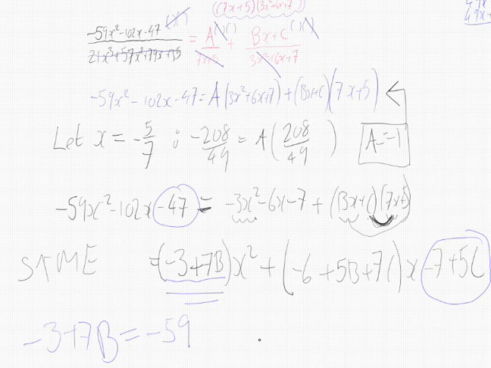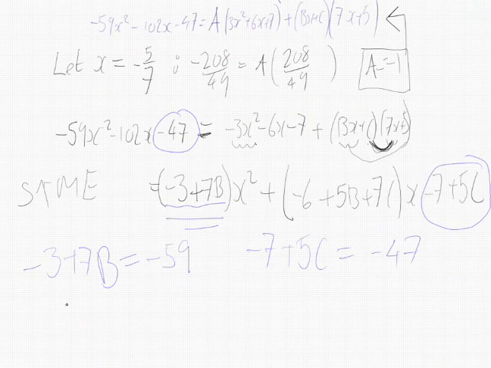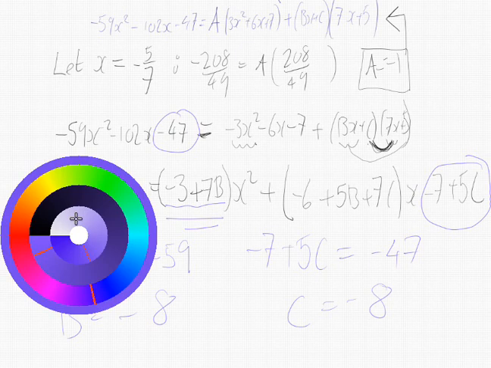Minus 47. So I get minus 7 plus 5c equals minus 47. So here I get b equals minus 59 plus 3 divided by 7. I get minus 8. And there, minus 47 plus 7 divided by 5. I get c equals minus 8.